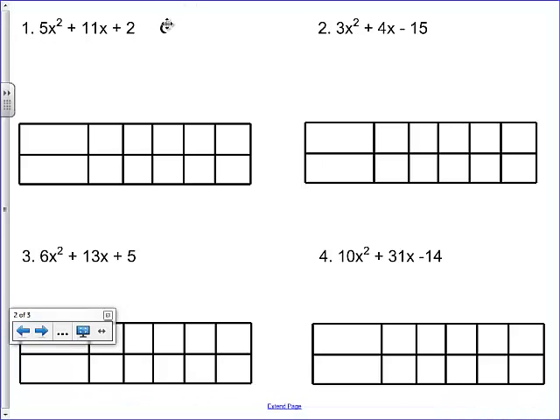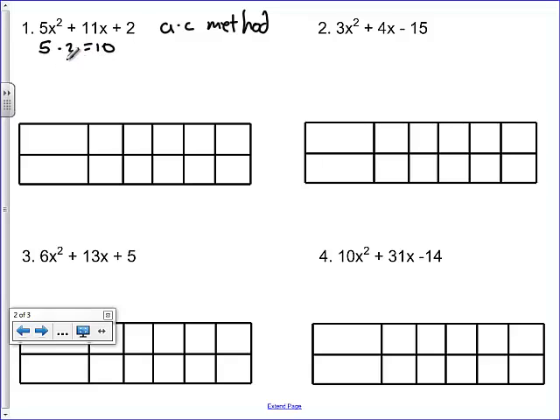Now saying it is important, but seeing what I'm talking about is even more important. A times C method. What we do is we take A, which is 5, and we take C, which is 2, and we multiply them together, and we get 10.